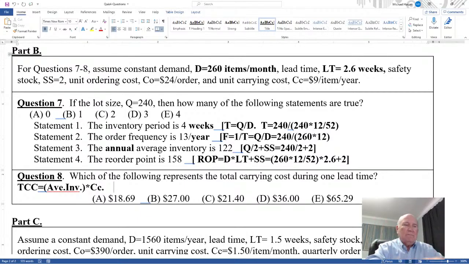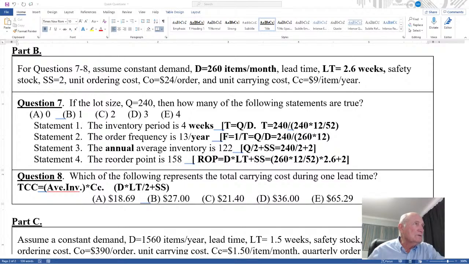During that lead time, the average inventory is going to be demand times lead time over 2 plus safety stock. So where in the world did that come from? Let me show you, for those of you who wonder how I got that.